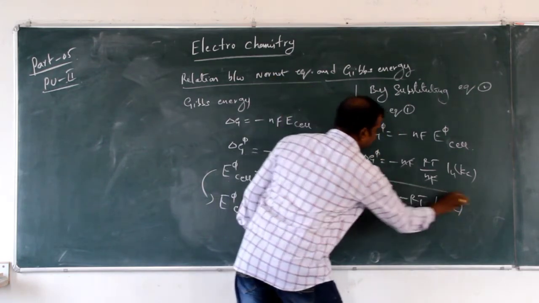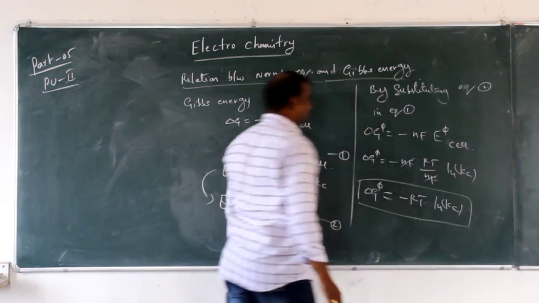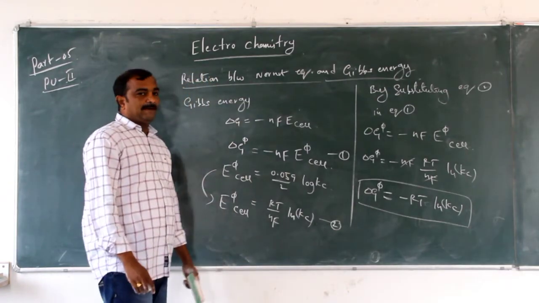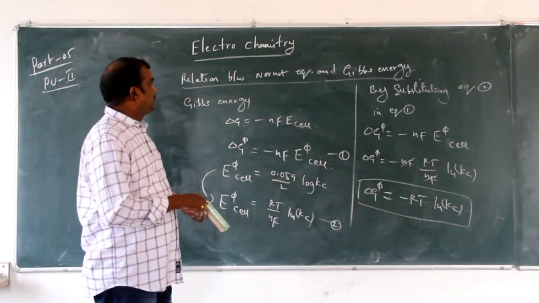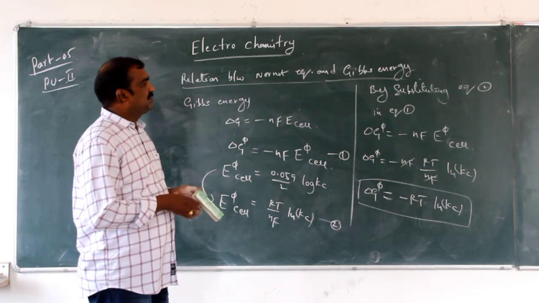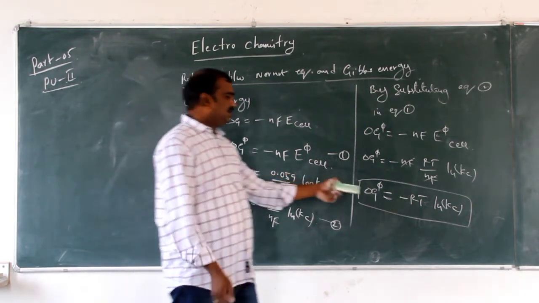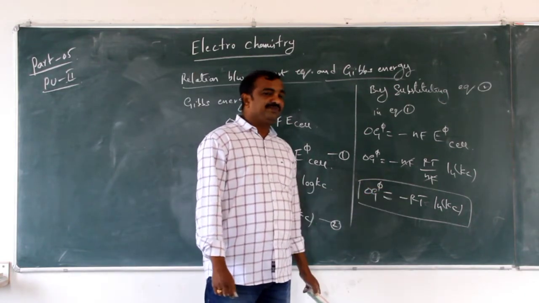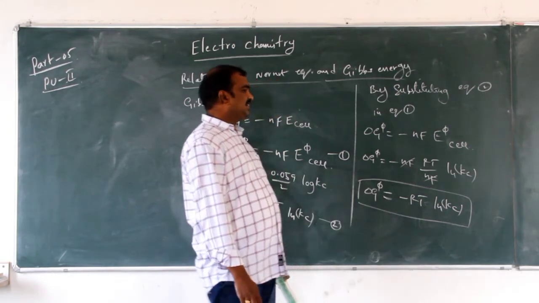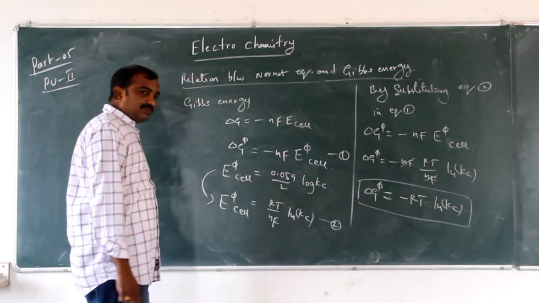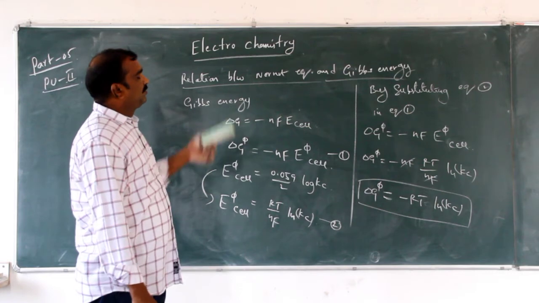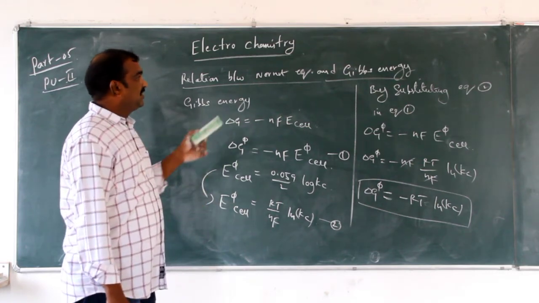This is the equation we get. The relation between the Nernst equation and the Gibbs energy is delta G naught is equal to minus RT ln Kc. This is the equation we derived and related with the Gibbs energy.